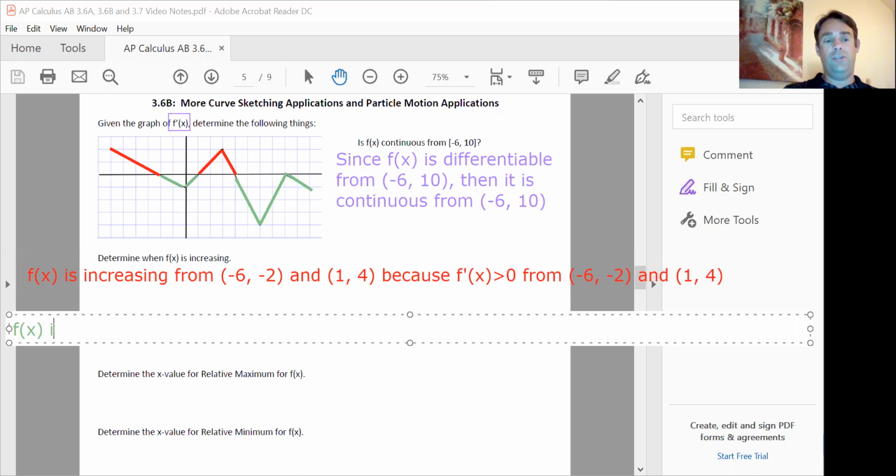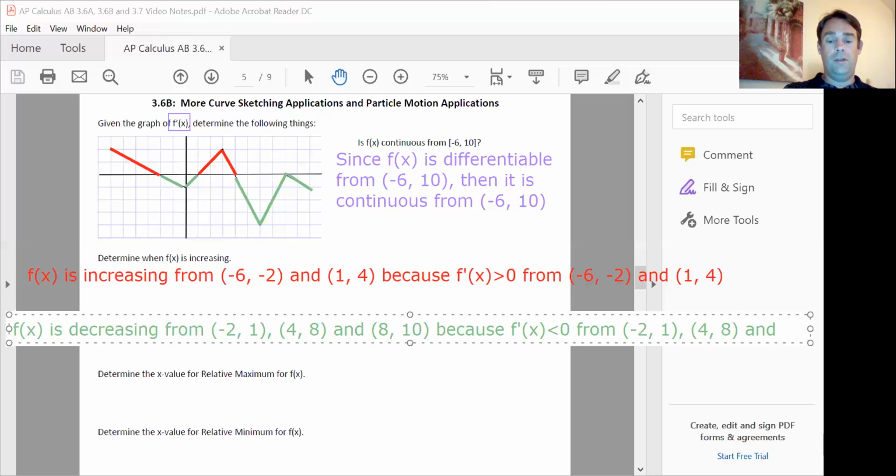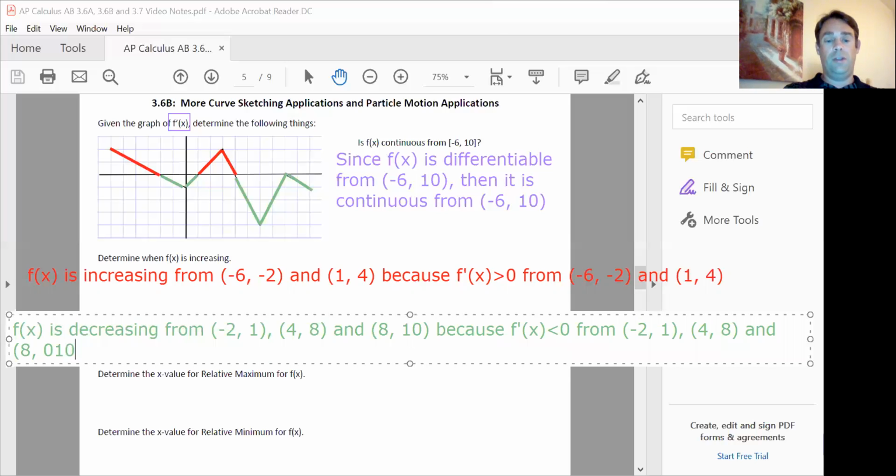F of x is decreasing from -2 to 1, 4 to 8, and 8 to 10 because f prime of x is less than 0 from those same values: -2 to 1, 4 to 8, and 8 to 10.